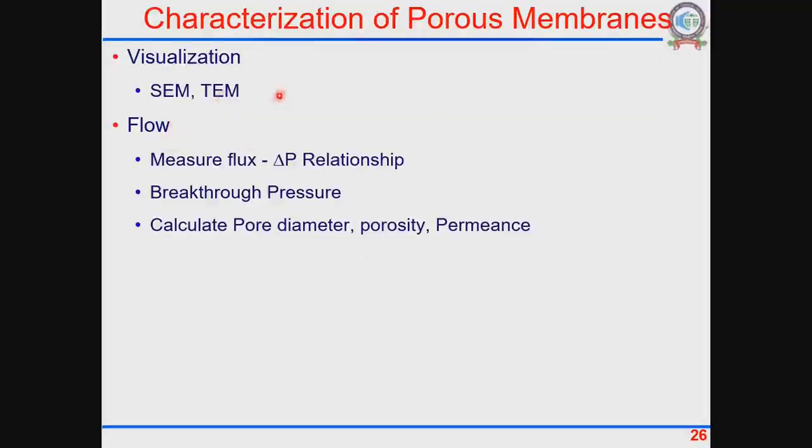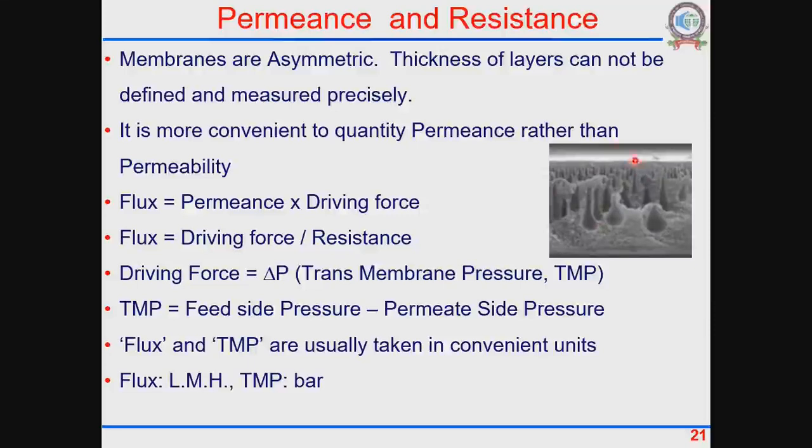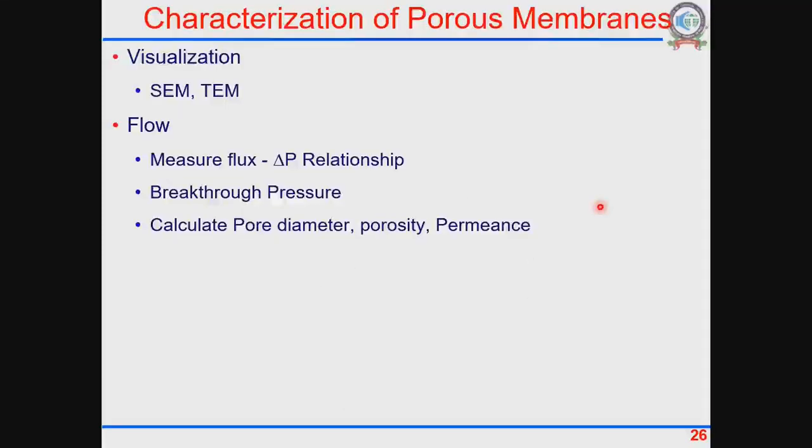Just a little bit about characterization of the membrane. One of the ways to characterize is using a scanning electron microscope or transmission electron microscope. You will get pictures like this. You are actually photographing the membrane not visually, but using electrons. You will be able to see the structure of the membrane. The second way to characterize the membrane is by measuring the flux versus delta P relationship.